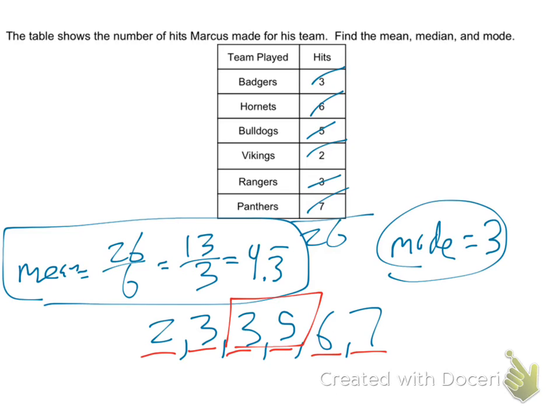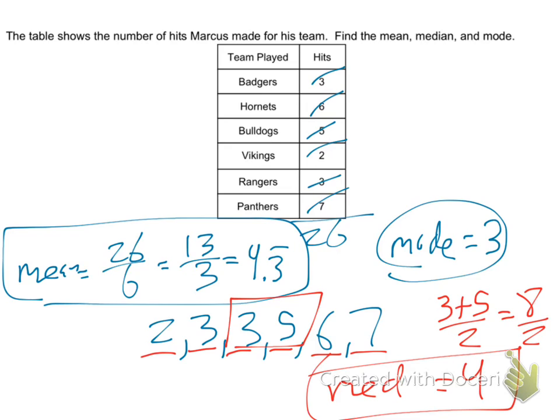So now we establish that the middle happens to be between 3 and 5. Hopefully all of us would know what the exact middle between 3 and 5 is, and it's 4. But say we didn't. Say these are numbers that are not nice, they're not close. So what we do is we take 3 plus 5 and divide it by 2, which is 8 over 2, which equals 4. So your median is 4.